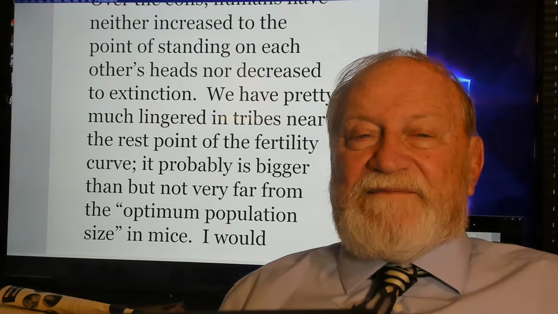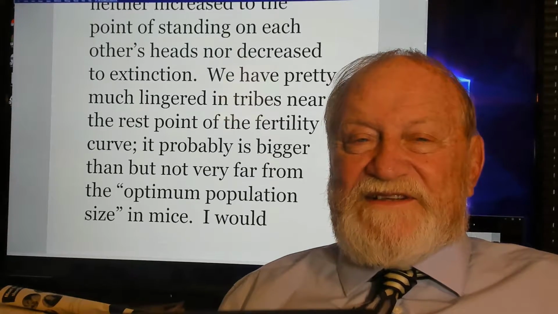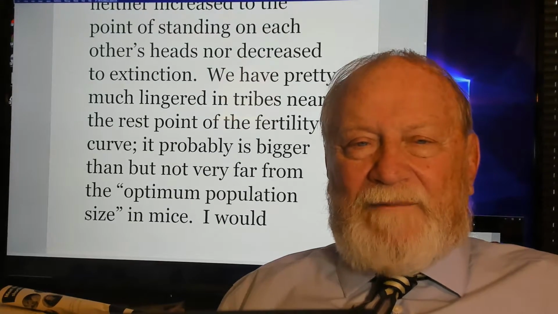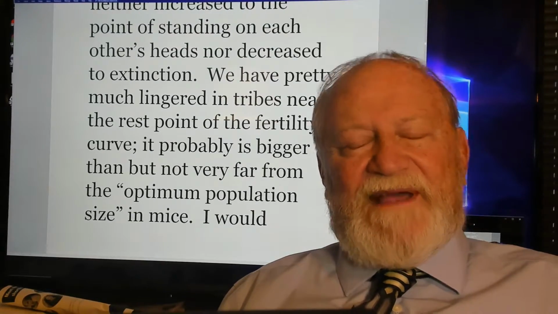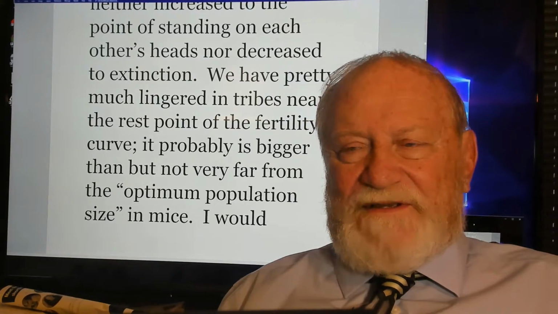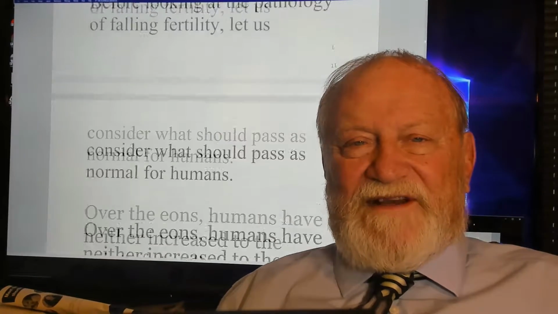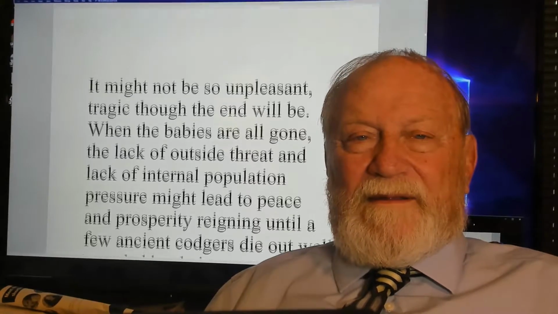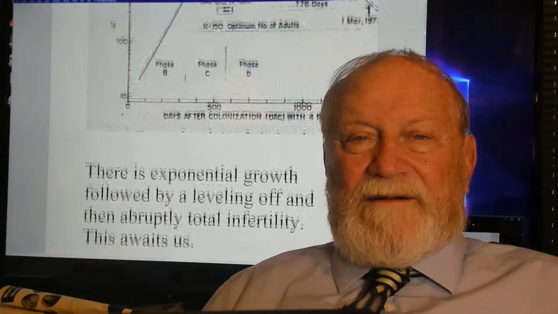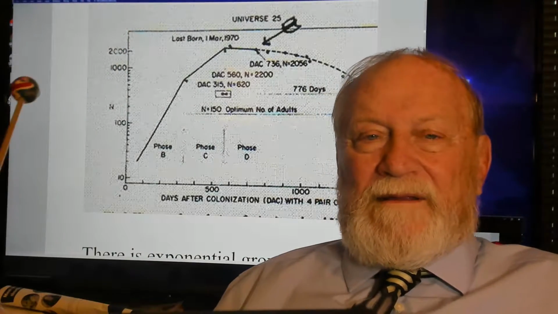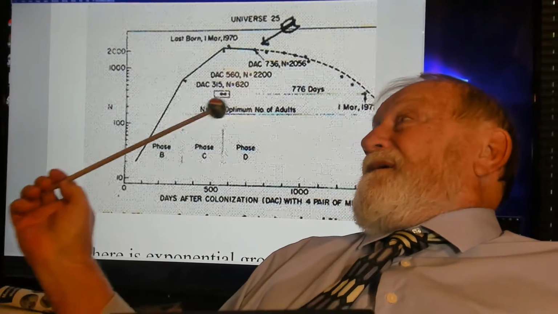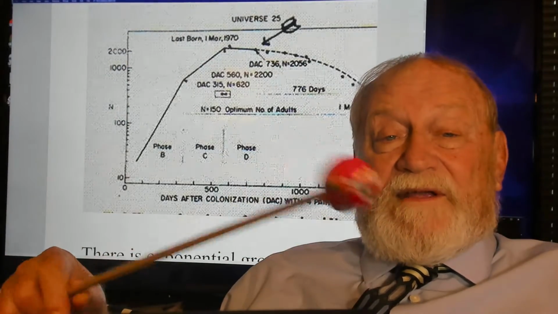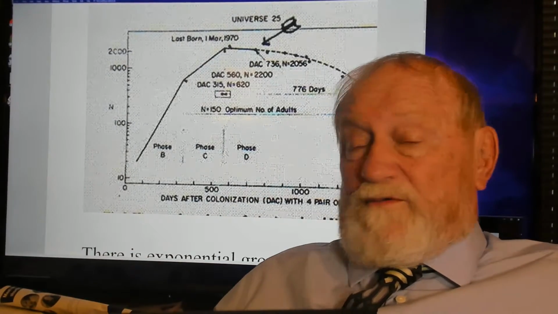Where we rested is not far from optimum population size in mice, as you saw on the previous graph. Did I show you that? He mentions optimum population size, but he's talking about most rapid growth.